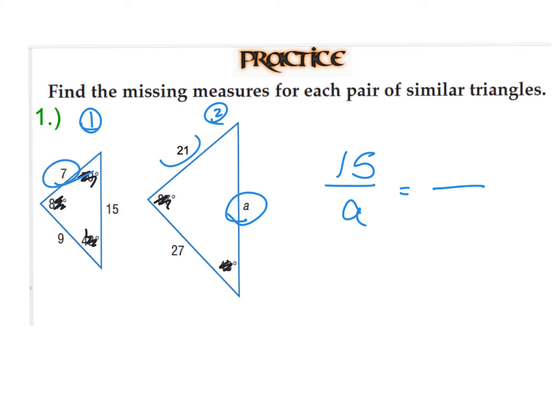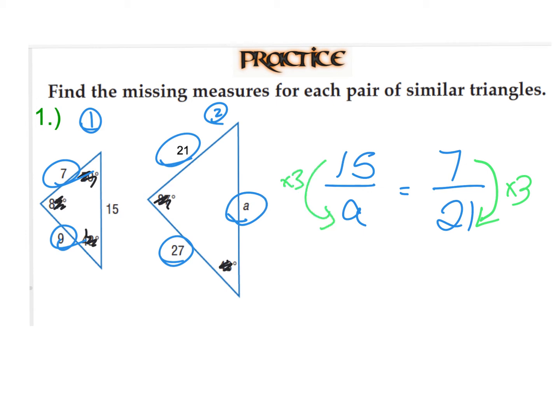I could do 7 and 21. I could do 9 and 27. It doesn't matter. So let's do 7 over 21. Solving the proportion, 7 times 3 would give me 21. 15 times 3, A equals 45.